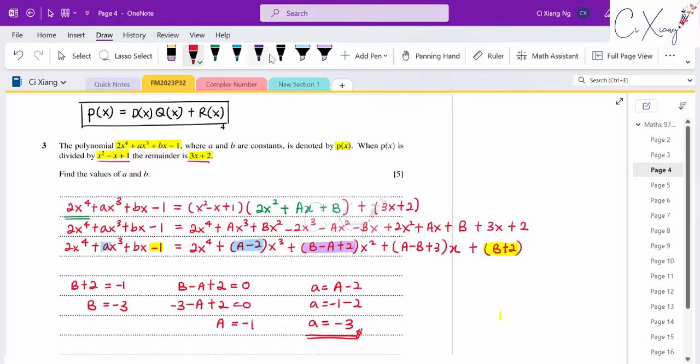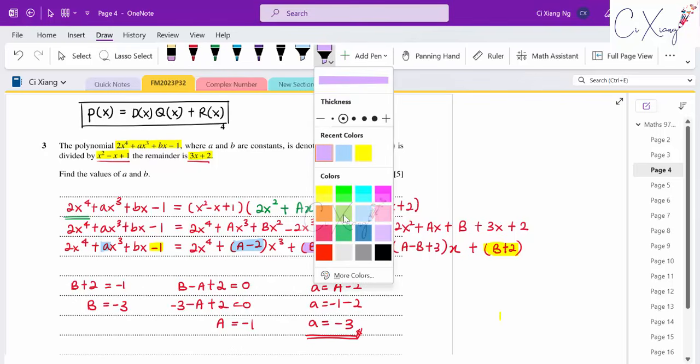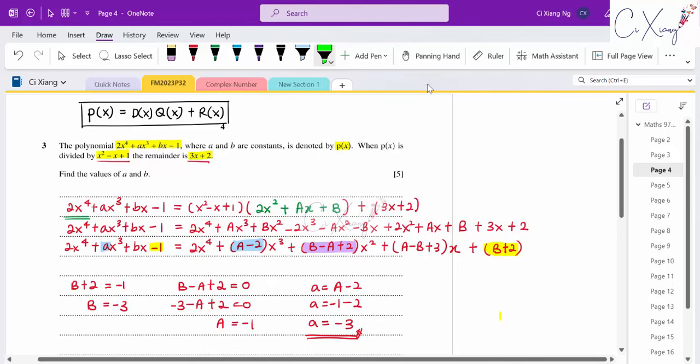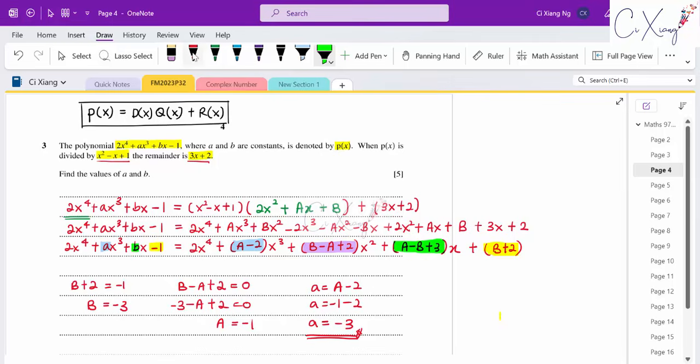Cool, so this is the value for a, equal to negative 3. The last one that we want to compare will be the a minus b plus 3 x, so I compare it with the small letter b. Small letter b, I can get by using capital letter A minus capital letter B plus 3.